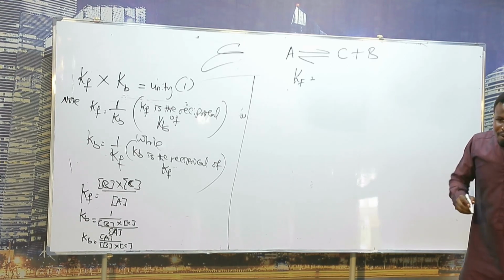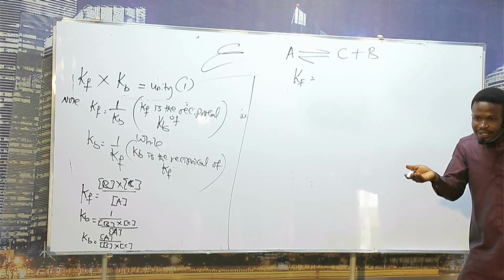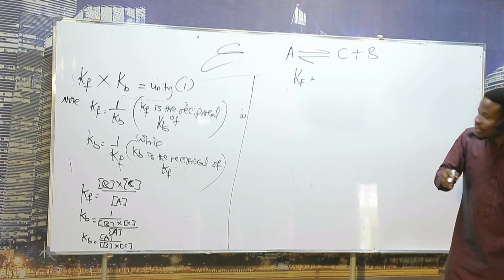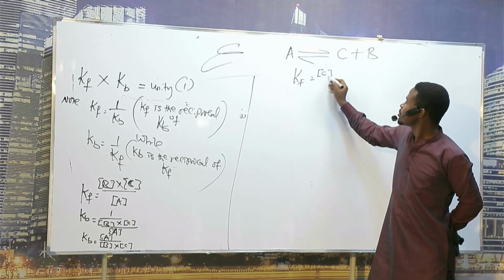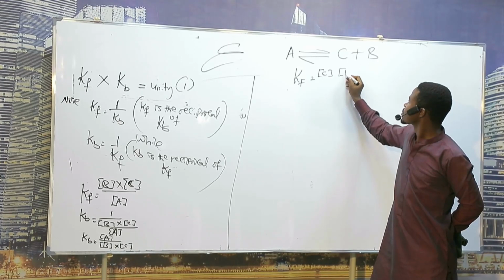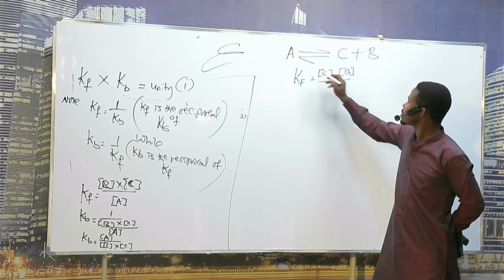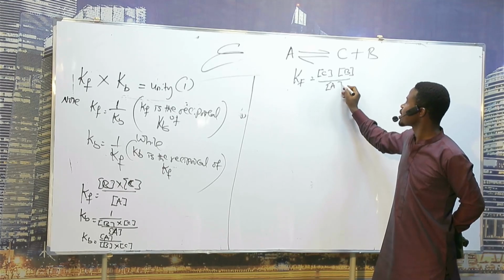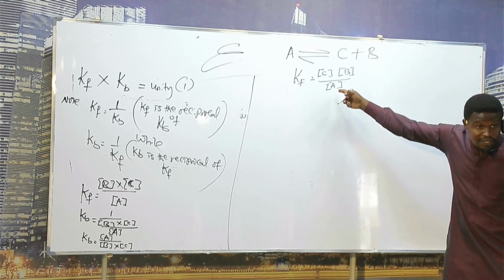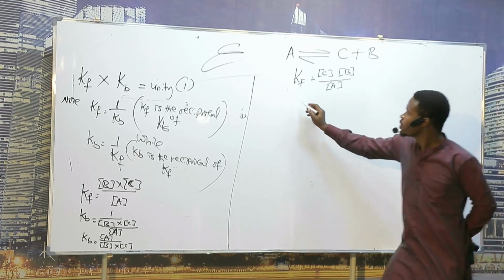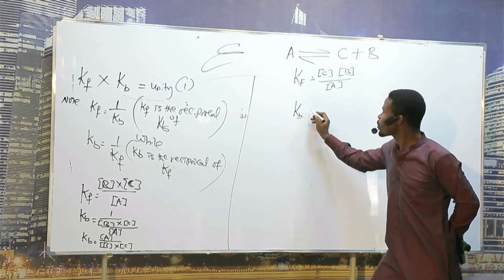Product over what? Which one is the product? C times B over what? A. Is this one established? Is it confusing? Oh yeah, what of the equilibrium constant for the backward reaction?